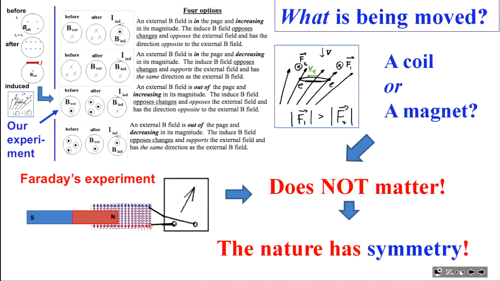But he was kind of afraid that a magnet, when it is close to a galvanometer, would affect it. So he had a coil in one room and a galvanometer in another room. And that's what he did. Nothing. Okay. Nothing.